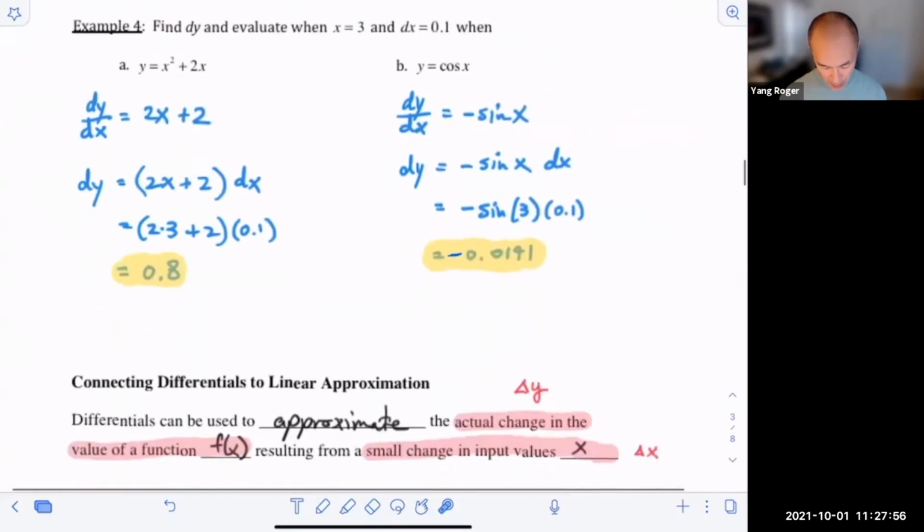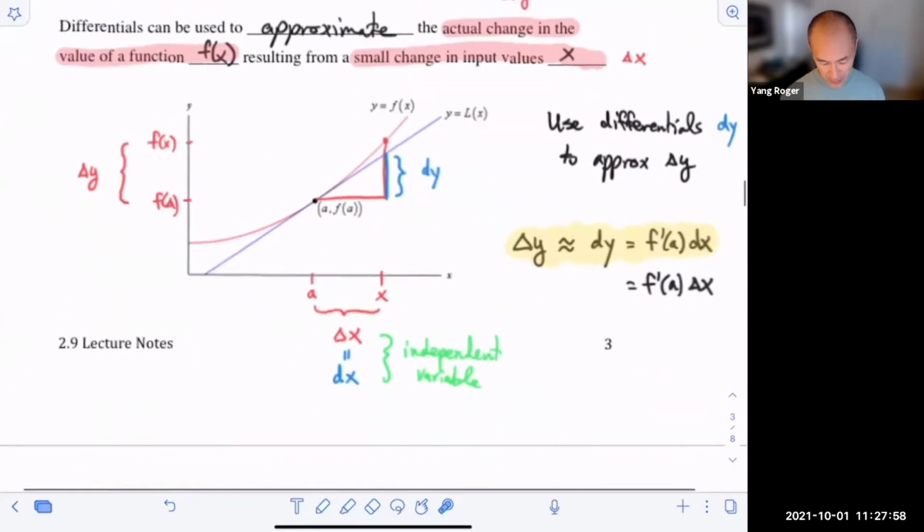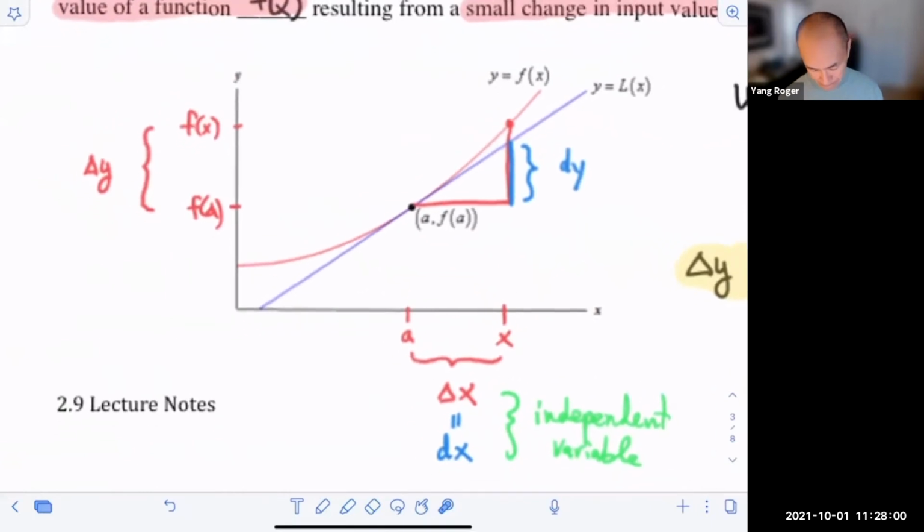Well, we can look at this picture to capture the purpose. What we want to do is change the x by a little bit, and measure how much the y changes.